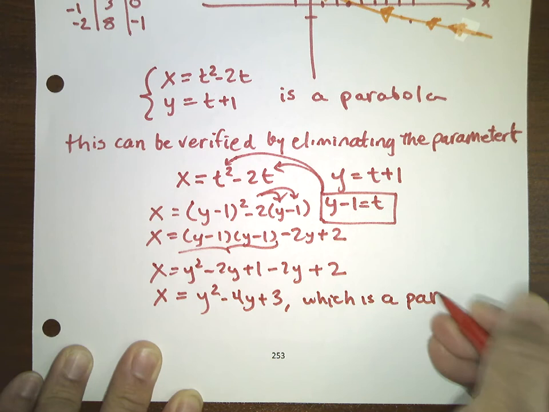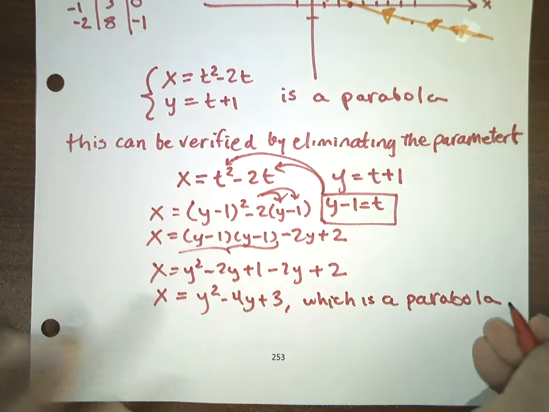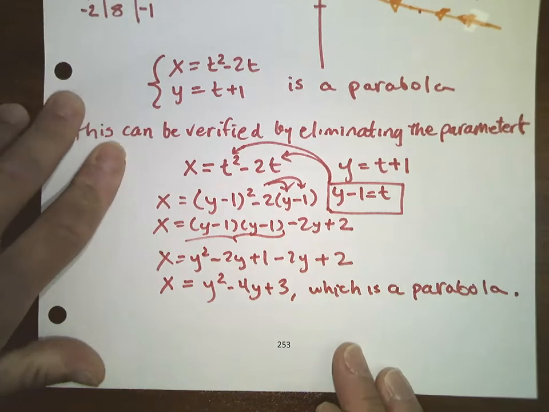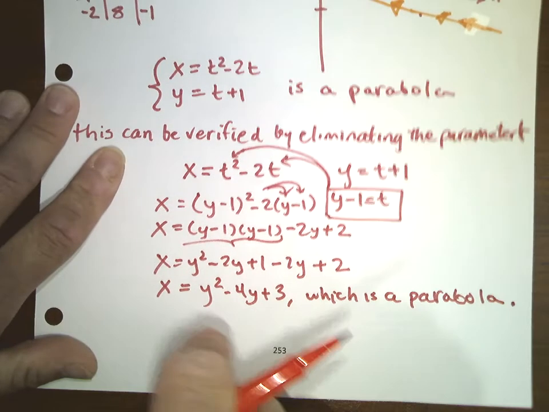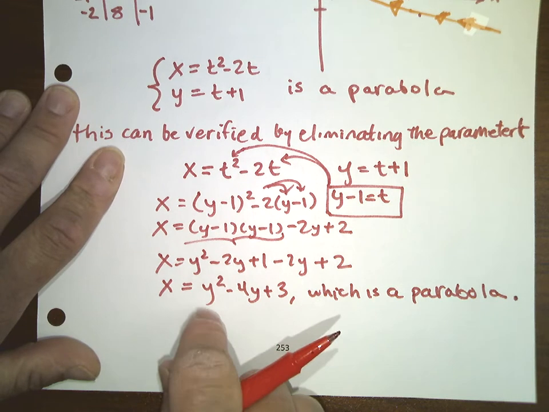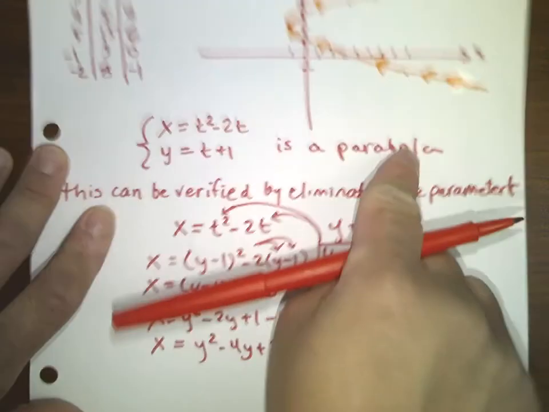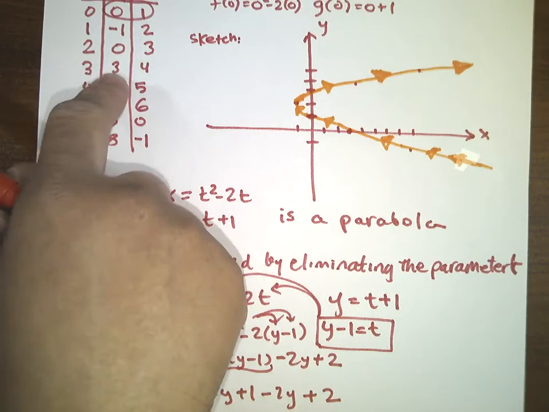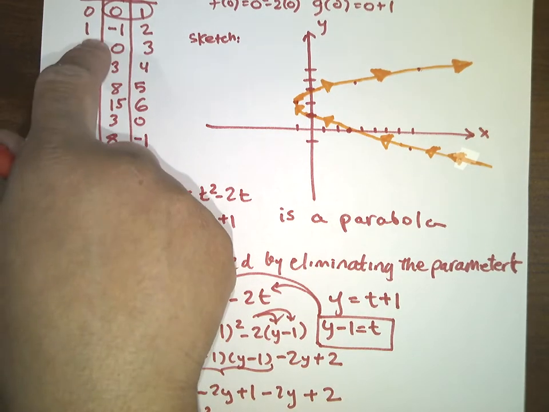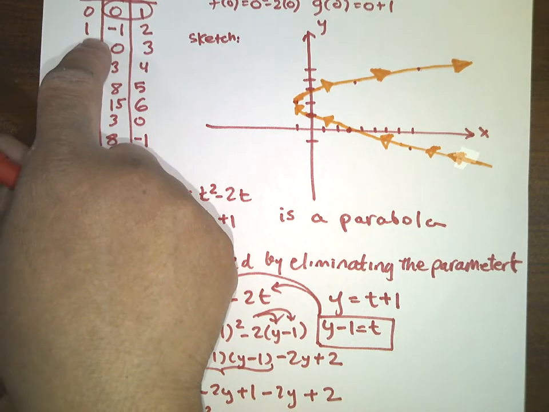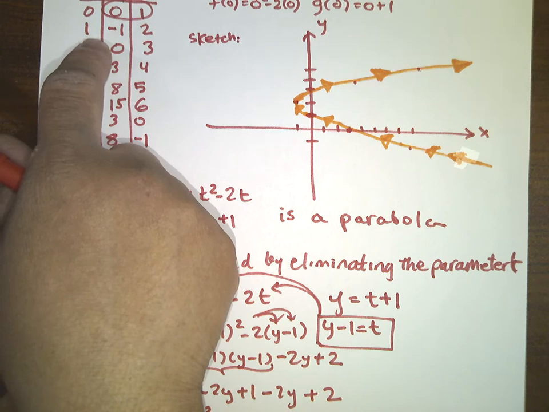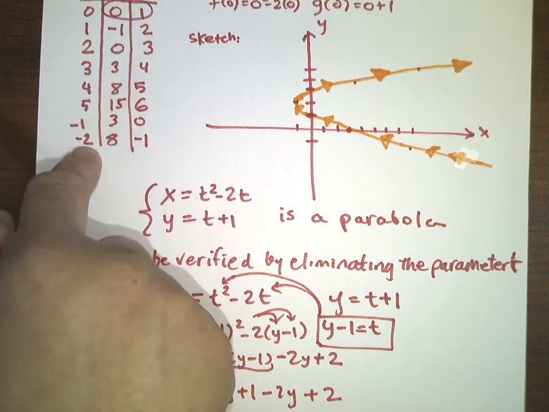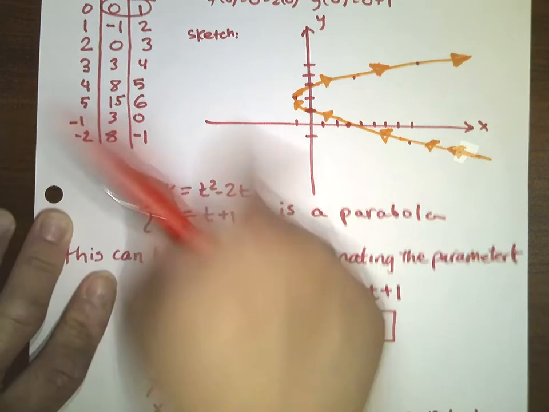Now, the one thing that you need to be very careful about is that this only tells me the shape of the curve and not the direction. In order to find the direction, I only knew that by graphing this and looking at what direction the points are going in increasing order of t. So that told me the direction.